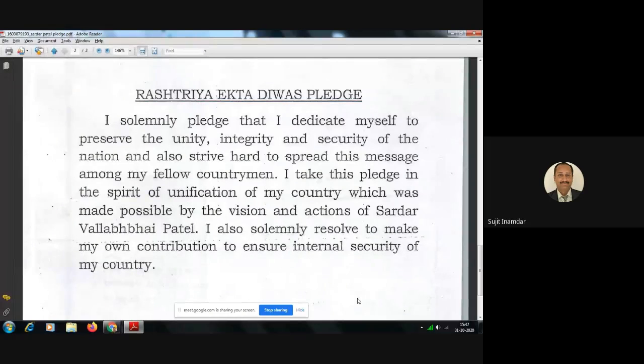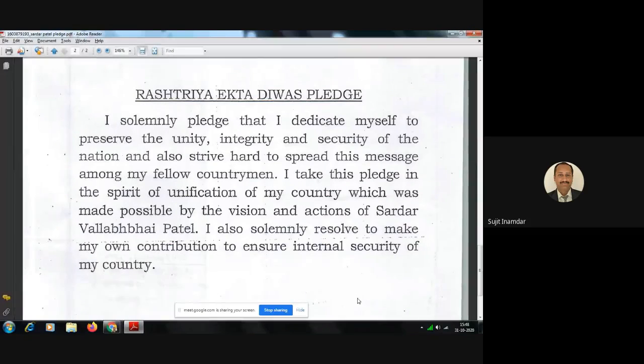So on behalf of you all, I am going to read this Rashtriya Ekta Divas pledge on the occasion of the birth anniversary of Sardar Vallabhbhai Patel. I solemnly pledge that I dedicate myself to preserve the unity, integrity, and security of the nation, and also strive hard to spread this message among my fellow countrymen.